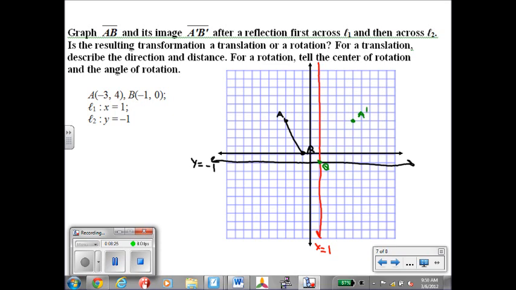We're going across x equals 1 first. And then B is how far away? 2. 1, 2. This is going to be B prime, and there's your line. Then we need to reflect that line across L2, which is y equals -1, this black line here. So how far away is A from this line here? 5.